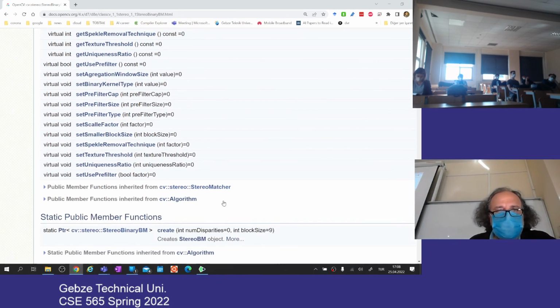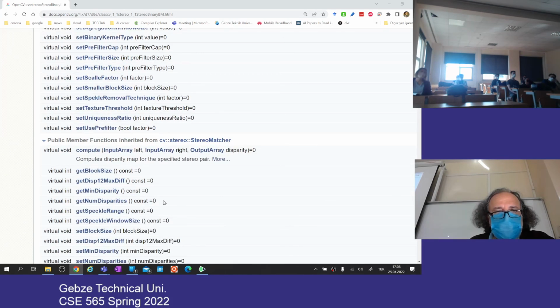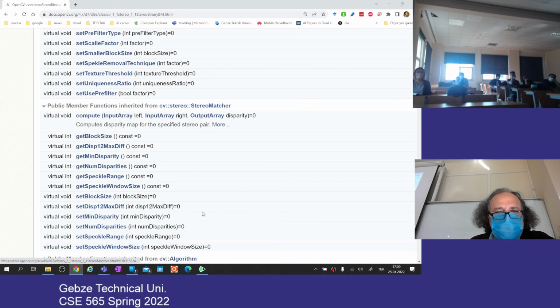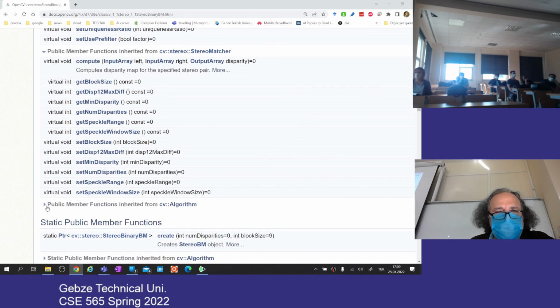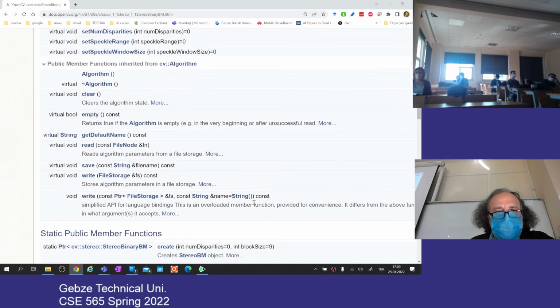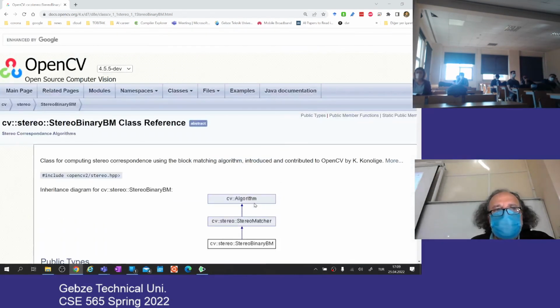Where is this? Oh, okay, stereo, okay, sure. Block, min disparity, max disparity. How about this algorithm thing? Default, save. No, I couldn't find which method it uses now. Let me go to the other one.